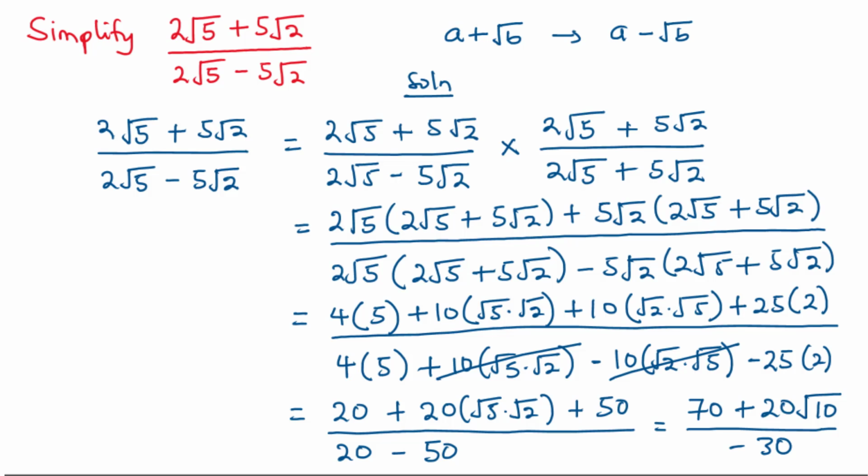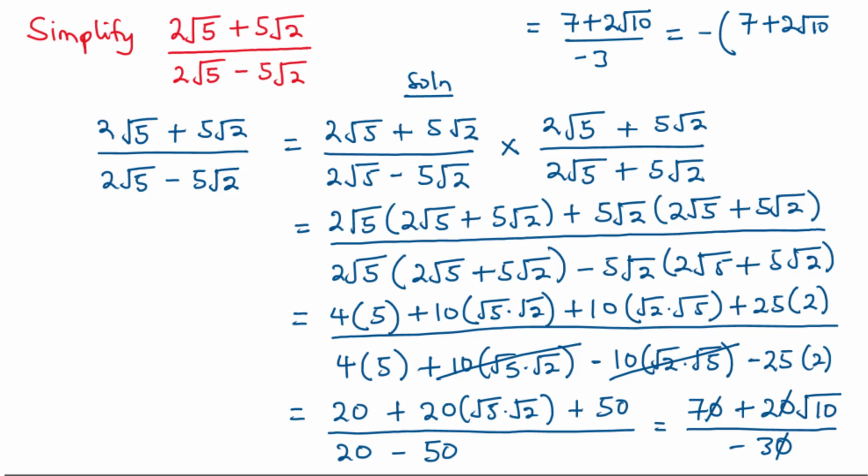By doing so, we just cancel out the zeros. And then we are going to have our final expression as 7 plus 2 root 10, all divided by negative 3, which can further be simplified as negative into bracket 7 plus 2 root 10 divided by 3.